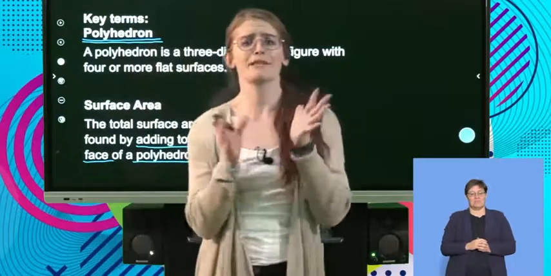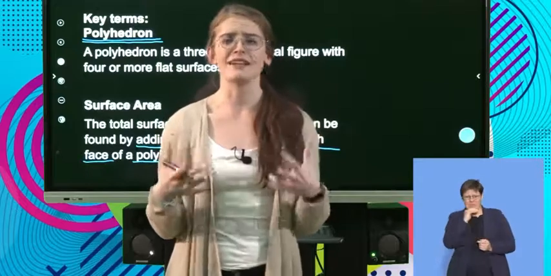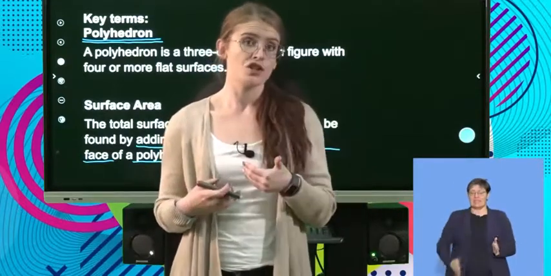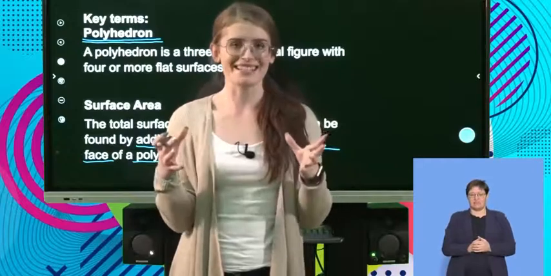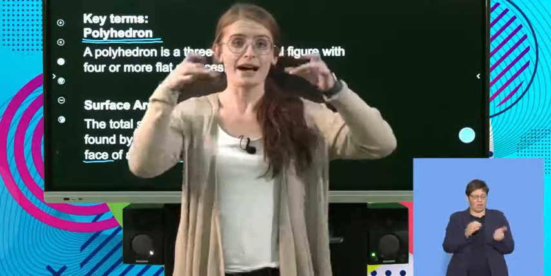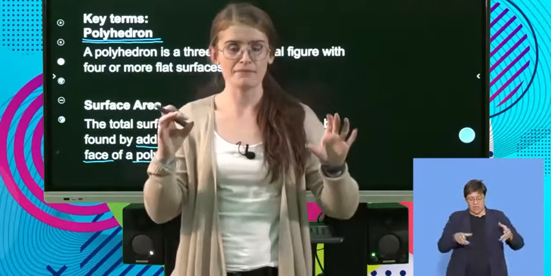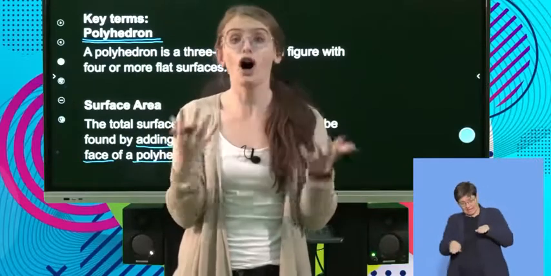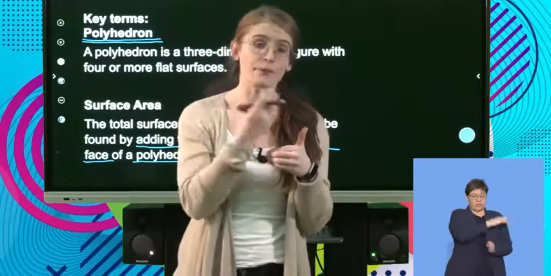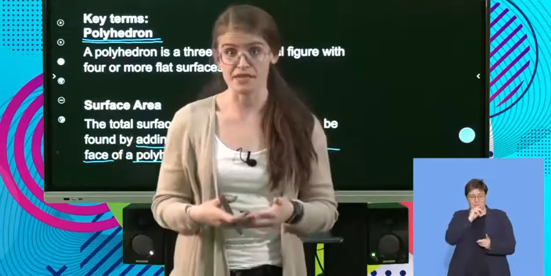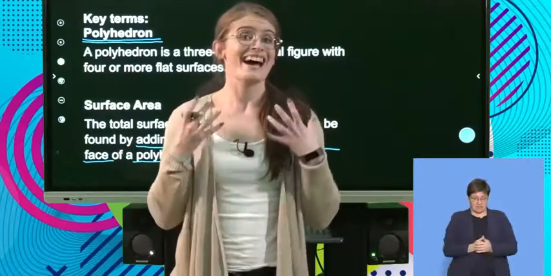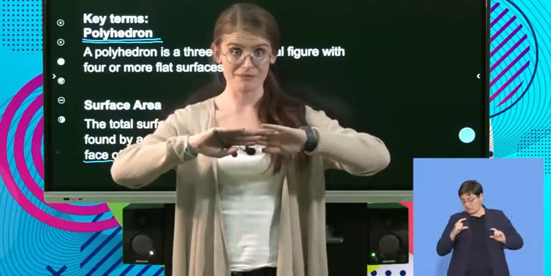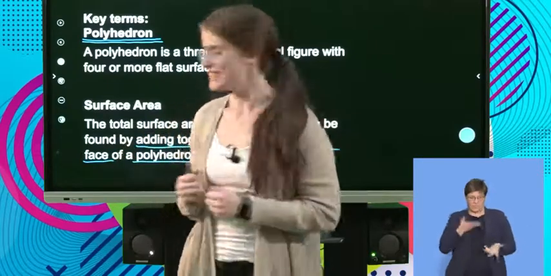Now, guys, you might be squinting a bit and saying, what do you mean a face of a shape? A face essentially just means a side. So if I'm thinking about a box of biscuits, there will be sides along the rectangular prism, and I would have to calculate the area of each side of the box of biscuits and add them all together for that to be the surface area. So a face is a side of that object. Let's go to the next slide.